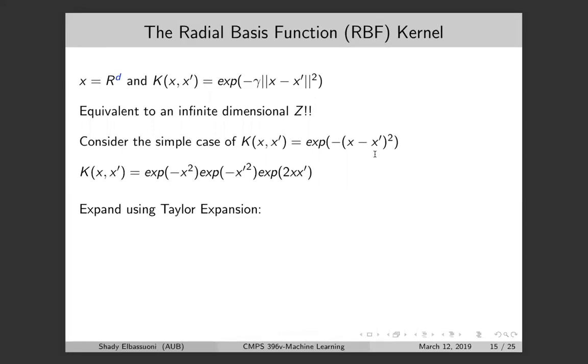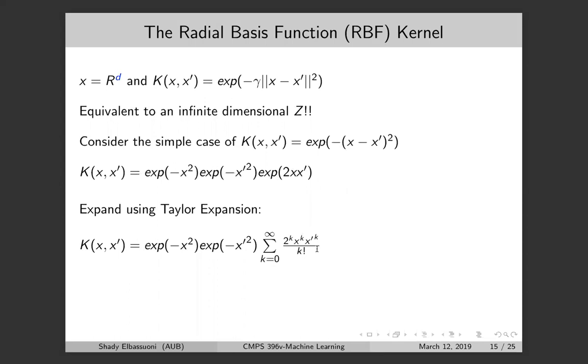I can expand using Taylor expansion. So this is e to the power of minus x squared, e to the power of minus x dash squared, summation from k equals 0 to infinity of 2 to the power of k, x to the power of k, x dash to the power of k, over k factorial.